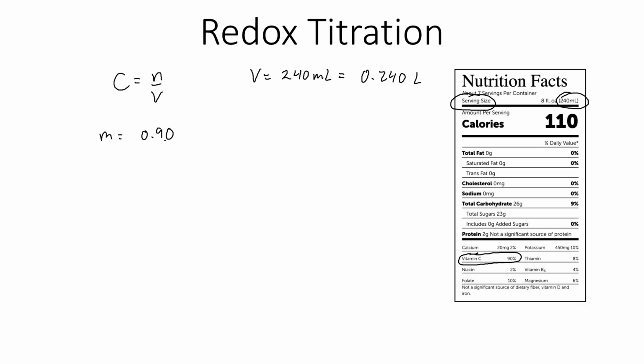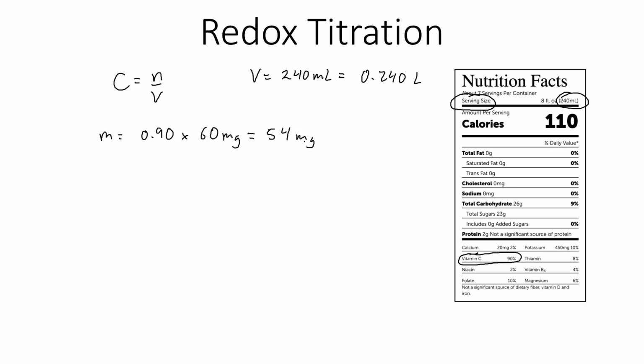Well, I get 90% of my vitamin C from 1 serving. And we tell you this in the lab, so it's no big secret. The recommended daily allowance of vitamin C is 60 milligrams. So if I do this, I will get 54 milligrams.